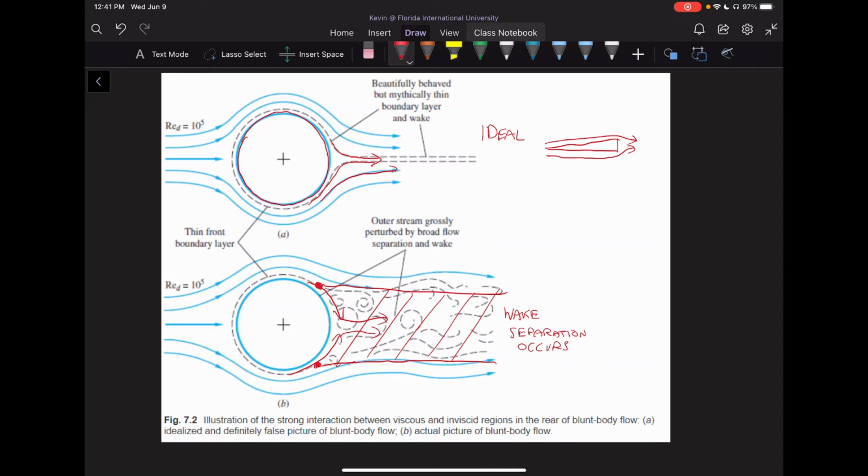Okay, so moving forward from that, what we can say is that blunt bodies are much harder to understand.